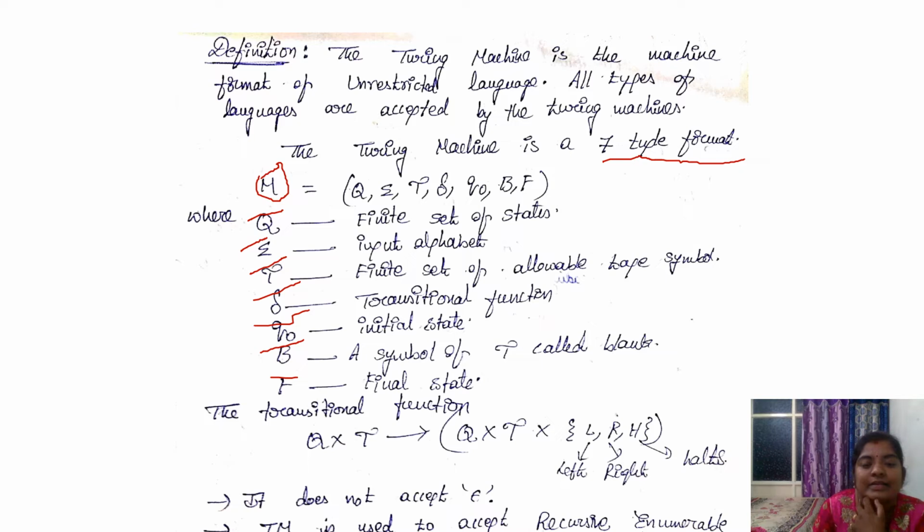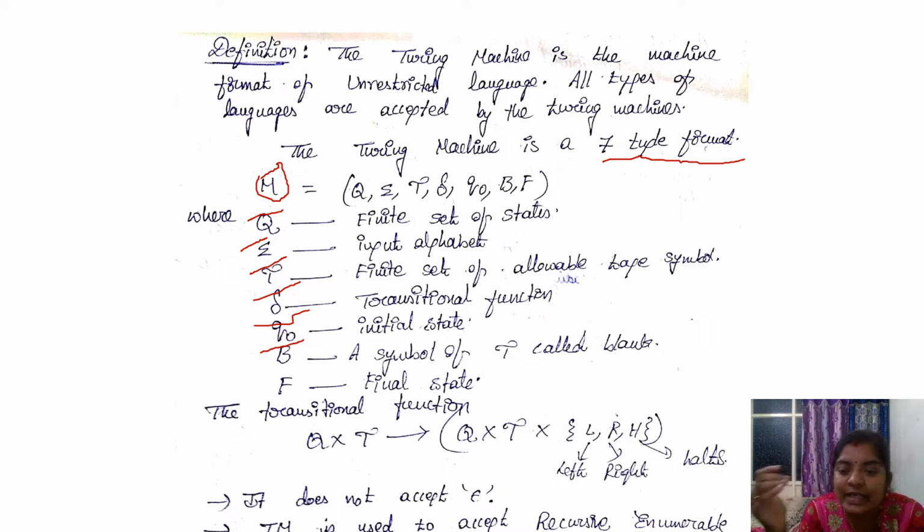The first one is Q. What are the different states while performing operations by taking that particular input in order to get that particular output?